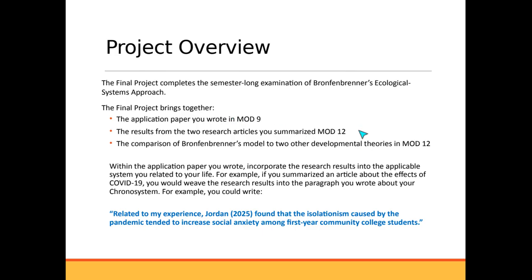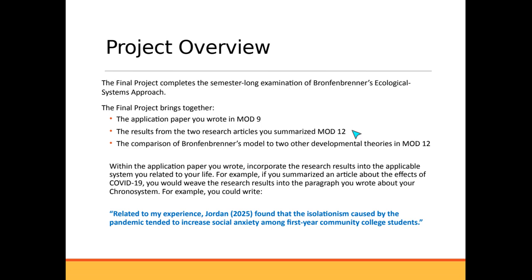It also brings together, initially you learned how to do a search for research articles. I know this is painful. It is hard to read those articles. It's hard to even understand them sometimes when you're first starting out, but you persevered and you learned how to pull out just the major methods, the overview of what they were for, and then the results.